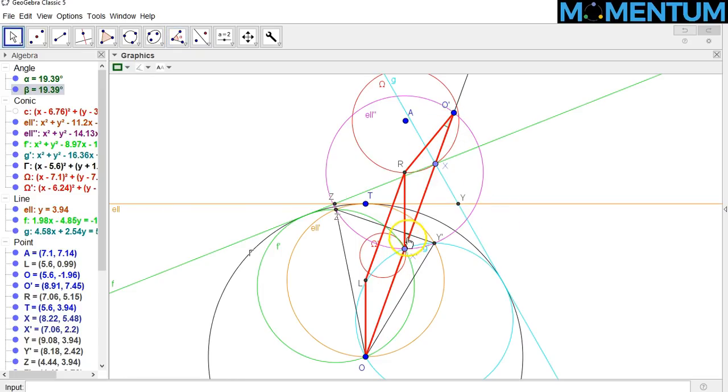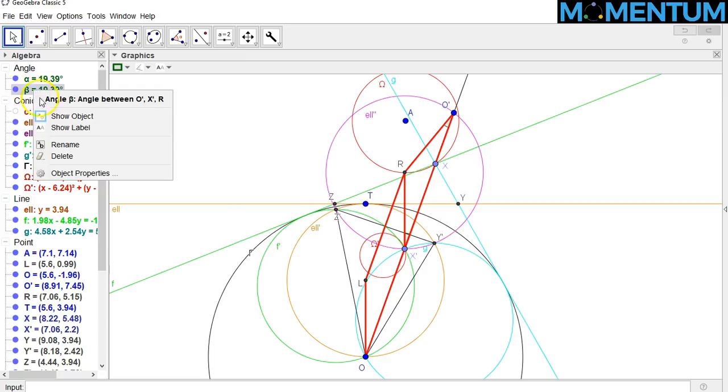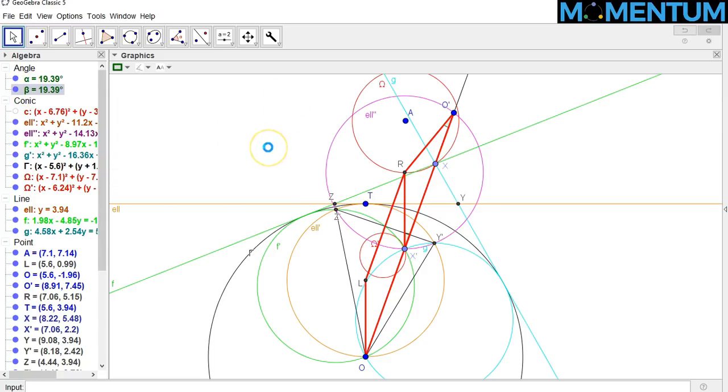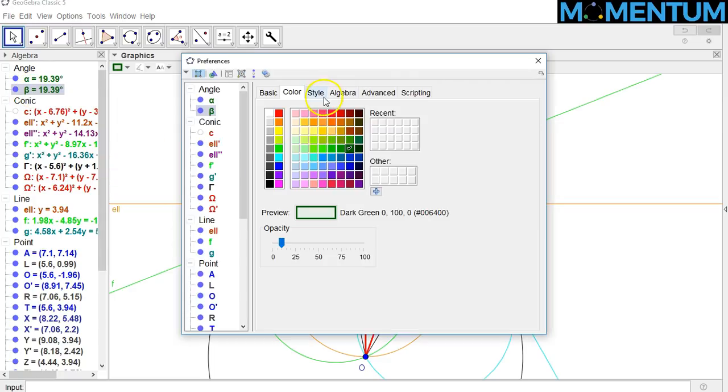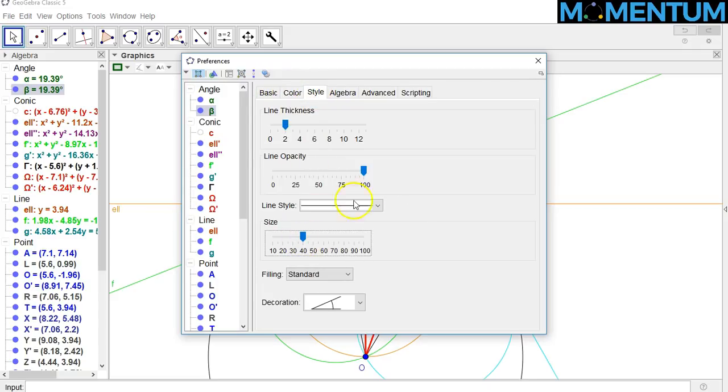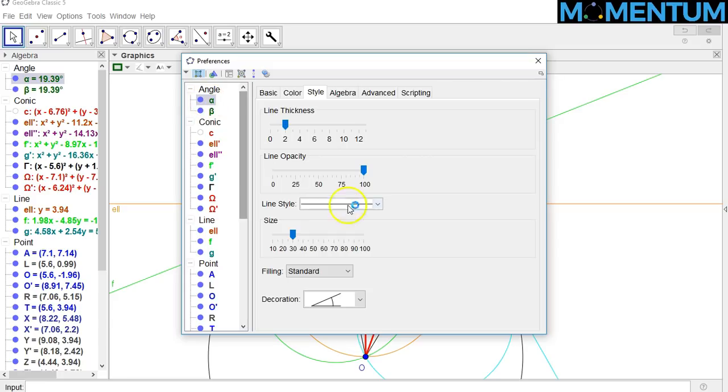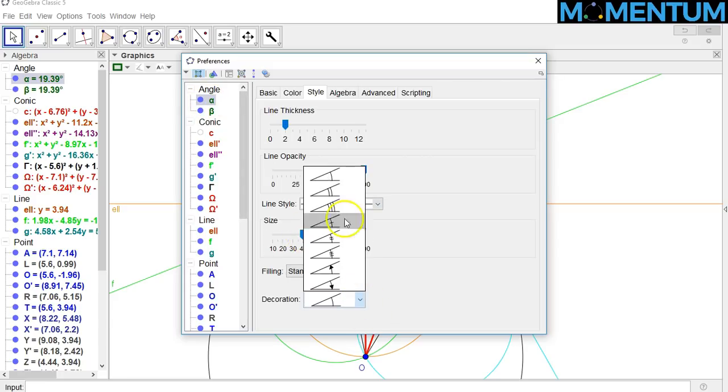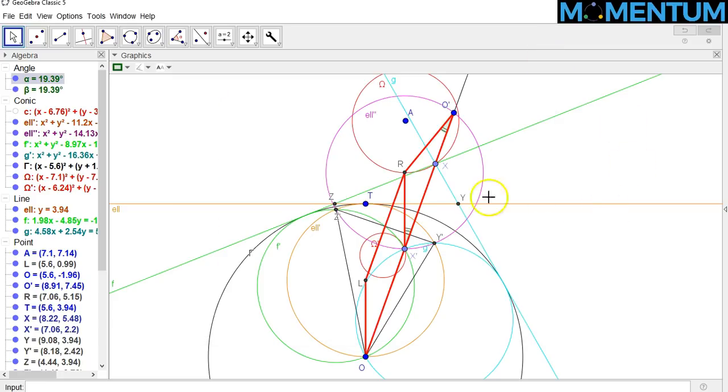This little opening here. Let me make them slightly larger and maybe with some decorations on it. Increase the size and change the decoration. You can see why these two are equal, because of this isosceles triangle O prime R X prime.